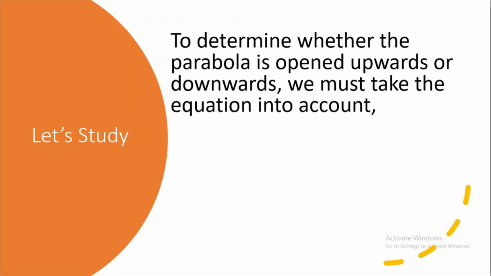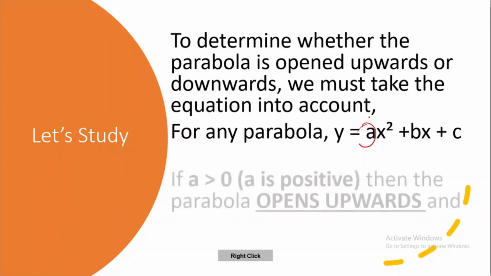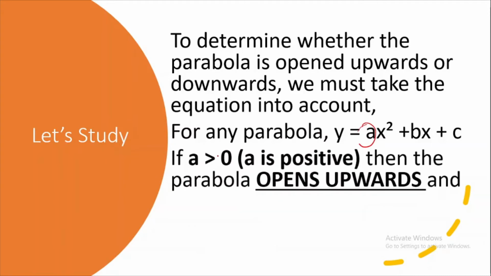To determine whether the parabola opens upward or downward, we must take the equation into account. We need to look at the value of a. If a is greater than 0, meaning a is a positive number, then the parabola opens upward.